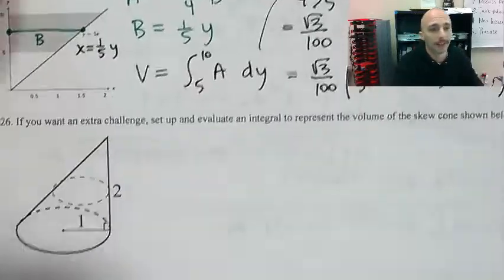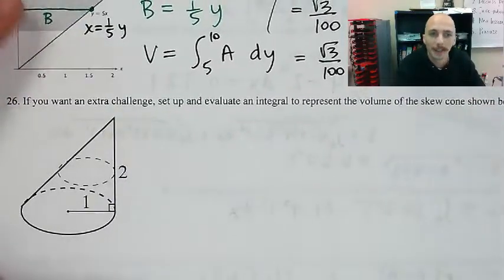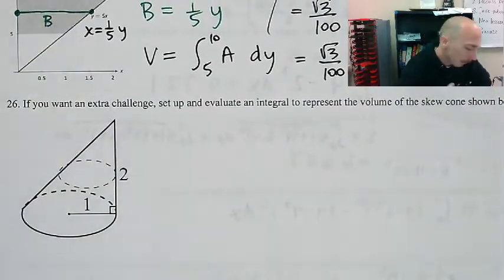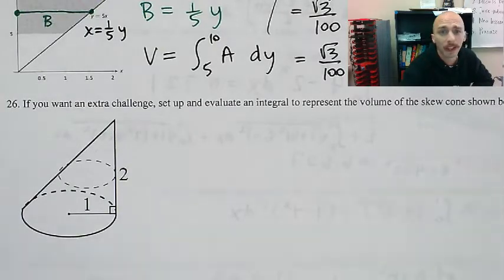All right, now number 26. This one, again, I got you a nice good one at the end of the problem set to really challenge you, if you felt like this problem set was just not enough for you. If you felt like that was enough, then you just go be satisfied. This is well beyond the level of an AP Calculus volume problem, but it is a really good one to think about.